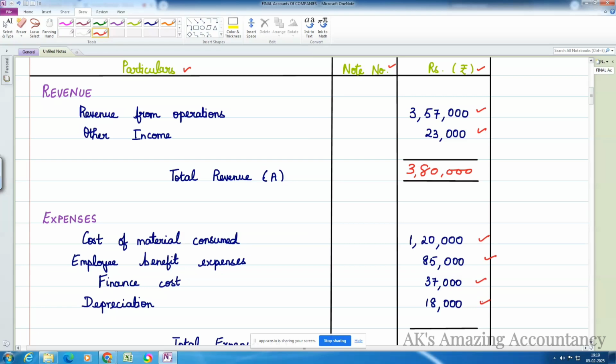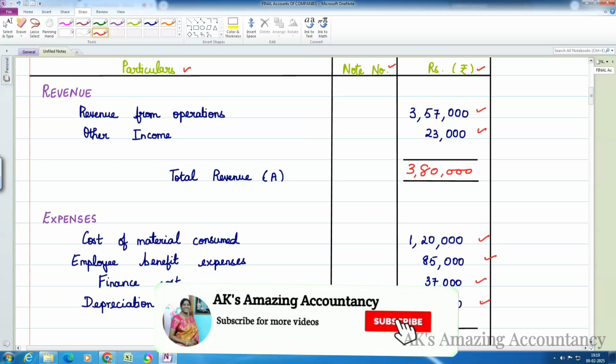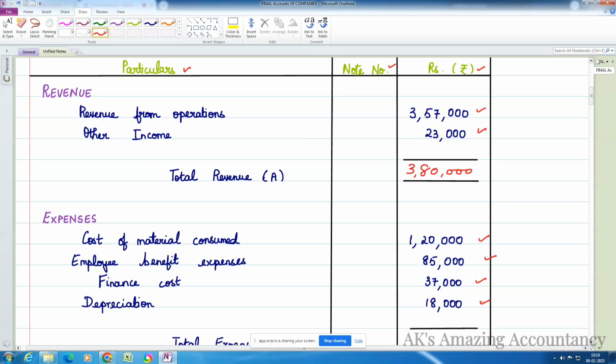As I told you already, there is no need to prepare any note for this particular problem. Notes to accounts is not needed because you are given the final amounts relating to each and every item of revenue and expenses. That is the reason why we are not preparing any notes here.